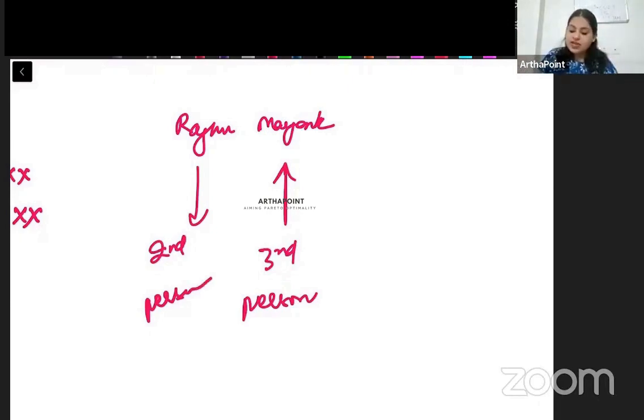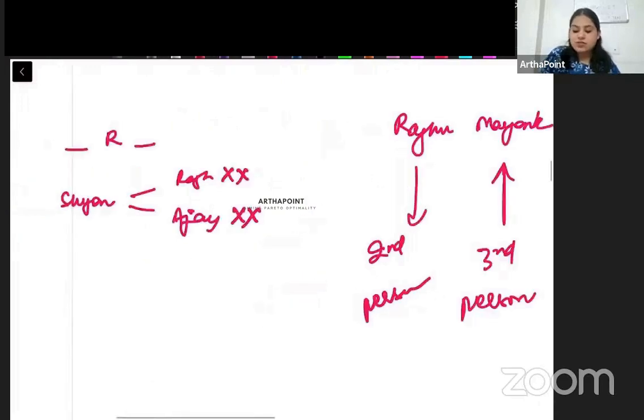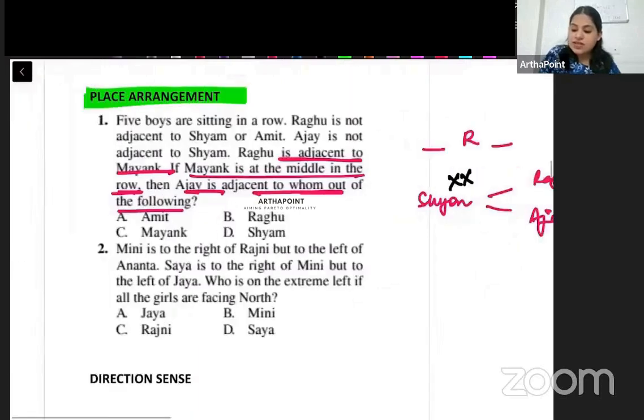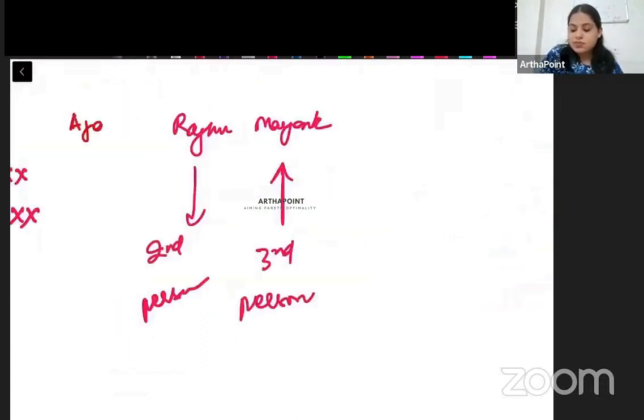Beta, Shyam cannot sit adjacent to Raghu, and Amit also cannot sit there. If Shyam and Amit cannot sit close to Raghu, then who is left? Only Ajay is left, right? So beta, here it is Ajay. And the remaining Amit and Shyam will be somewhere here.